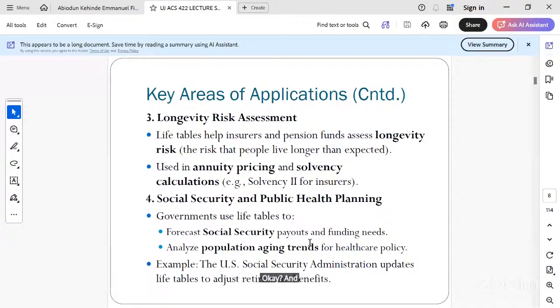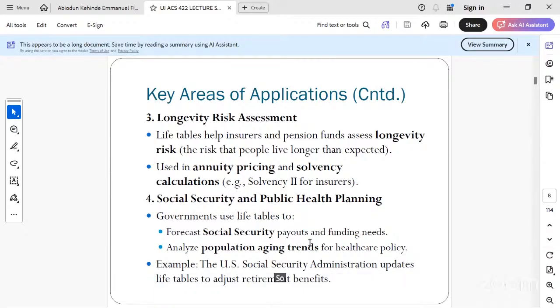And the professional can also advise an individual, based on the prevailing mortality rate, to take up a life assurance. Especially if he is the breadwinner of the family and his sudden death might create financial stress for his immediate family and even other dependents.